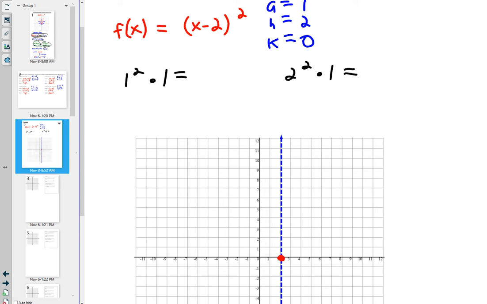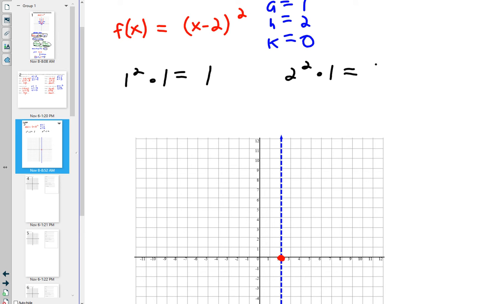But I don't want to confuse you, so let's just keep it to this. There won't be fractions for A. Actually, there might not be any fractions at all on the test. Fractions not welcome. Yeah. 1 squared times 1 is 1.